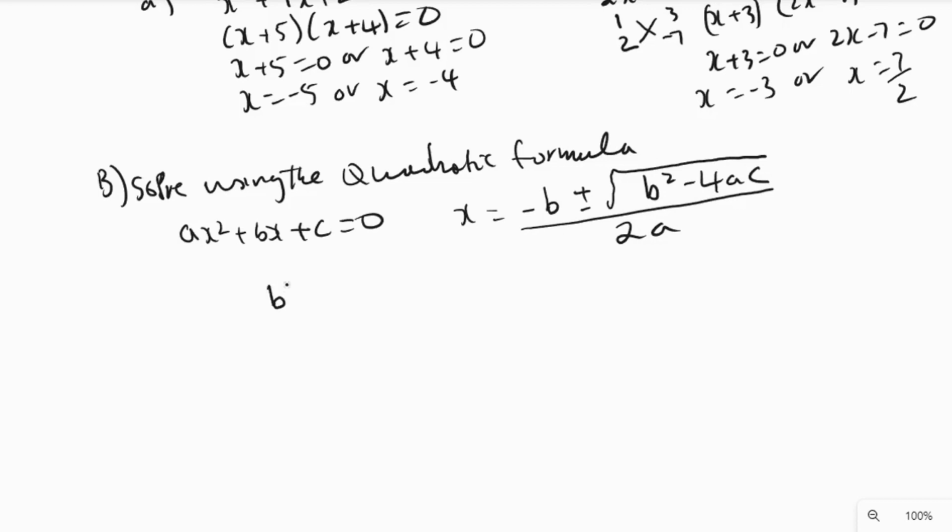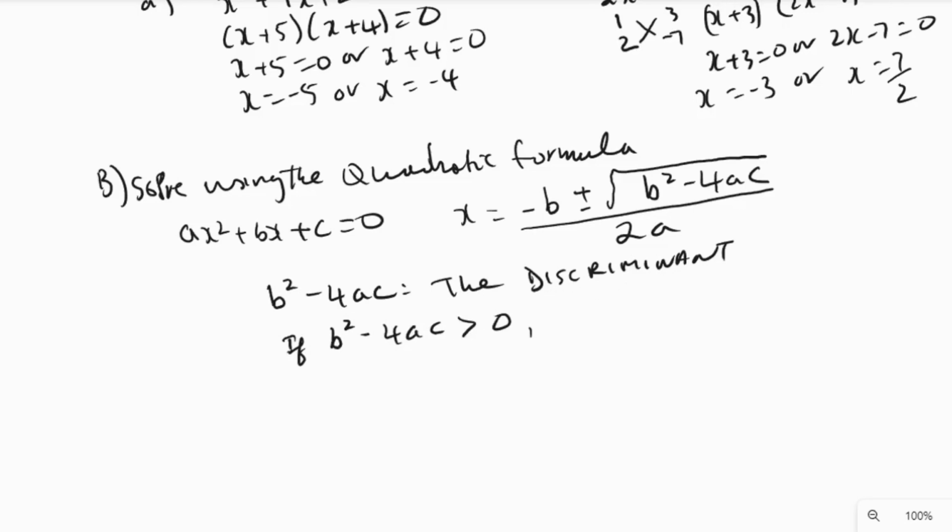And b squared minus 4ac has a special name. We call it the discriminant. The discriminant tells us what type of solutions we have for this one. If b squared minus 4ac is greater than 0, is a positive number, then we have two distinct or different solutions or roots.